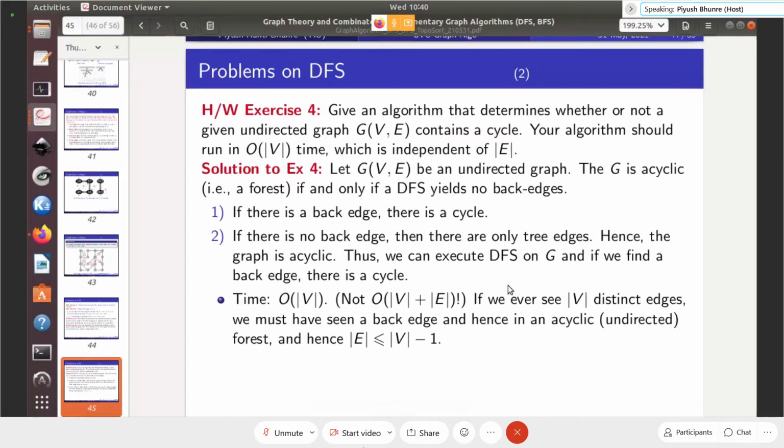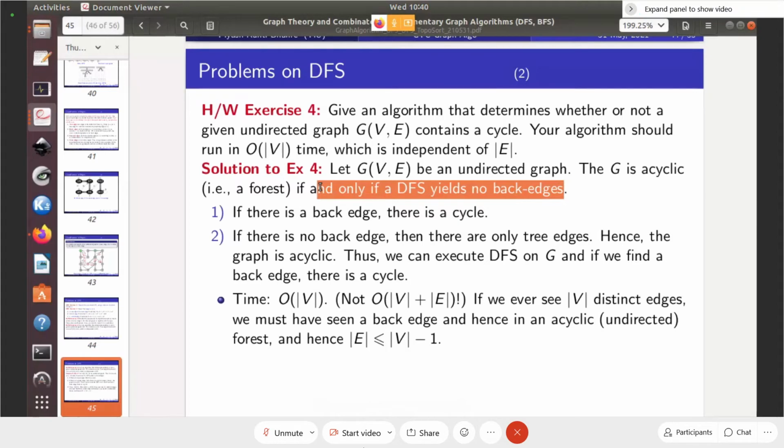So suppose you have the graph G(V, E), where V is the vertex set and E is the edge set, and G is acyclic if and only if DFS yields no back edge. We have seen this result already: if there is a back edge, there is a cycle, right?